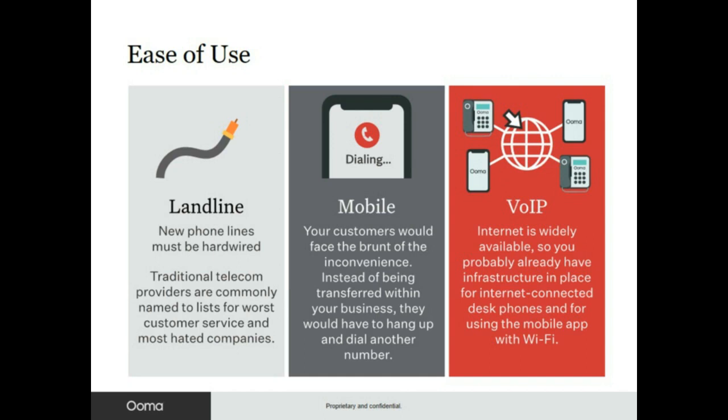With mobile, you certainly have the flexibility and convenience of being able to be anywhere to take a call, to make a call, etc. But there are some restrictions within the mobile environment; cellular networks just have limitations. One of the biggest ones is transferring calls.